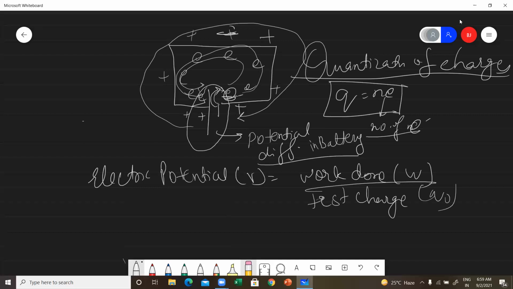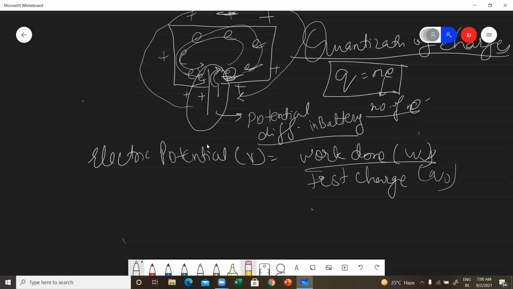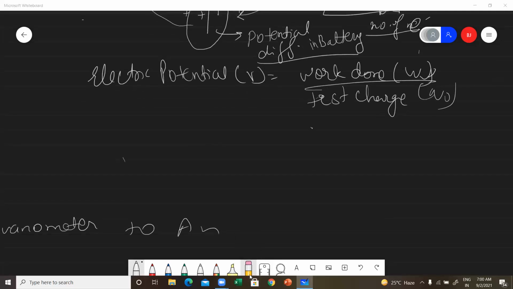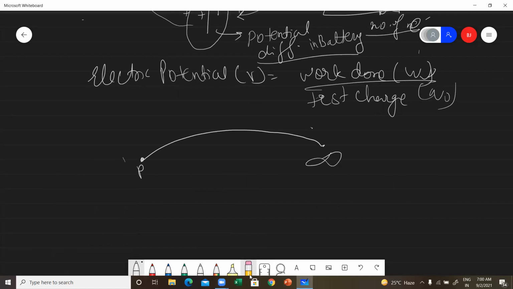Now, what do you mean by the word work done? See, this is my test charge. How much the electrons are moving from here to here. Work done is a very important term. Just use your brain and tell me: if I want to take a charge from infinity to that point P, then I will write it down.